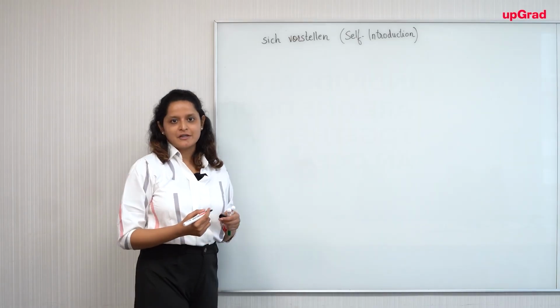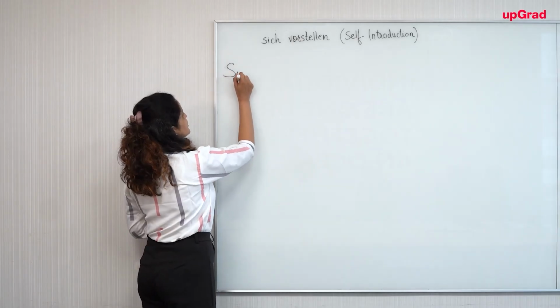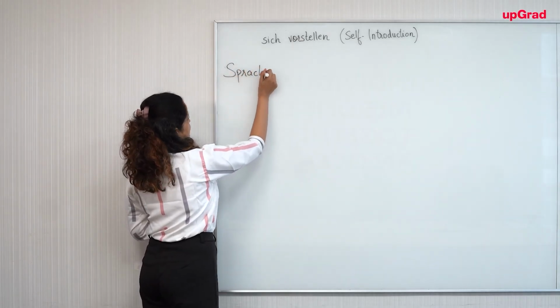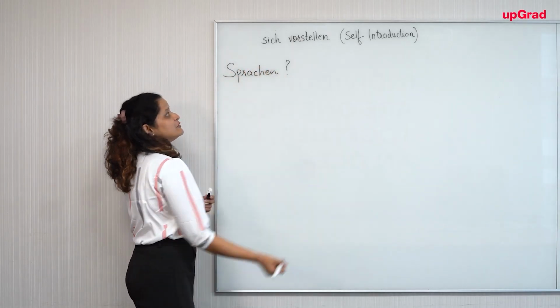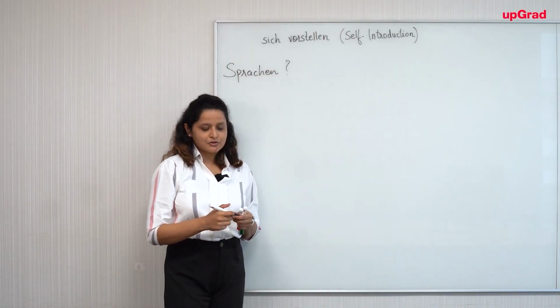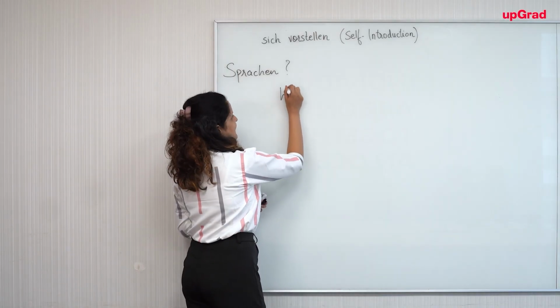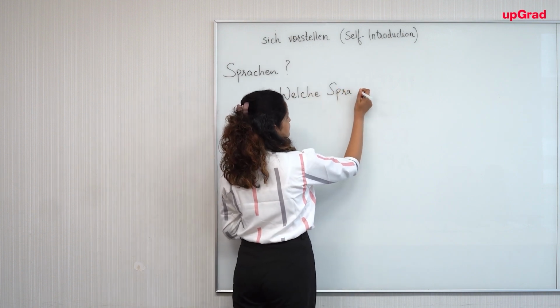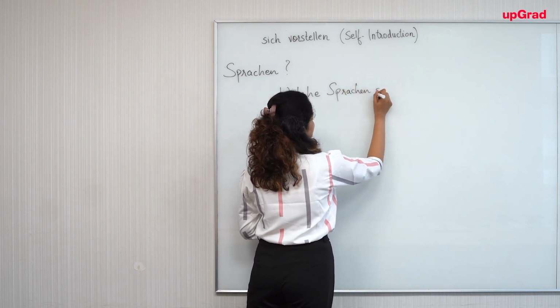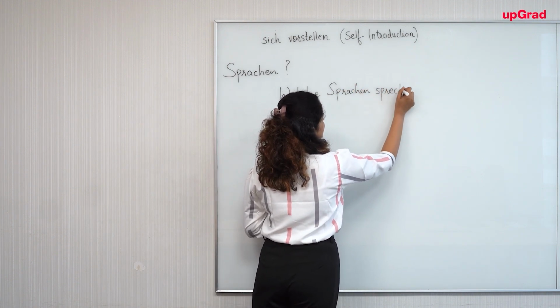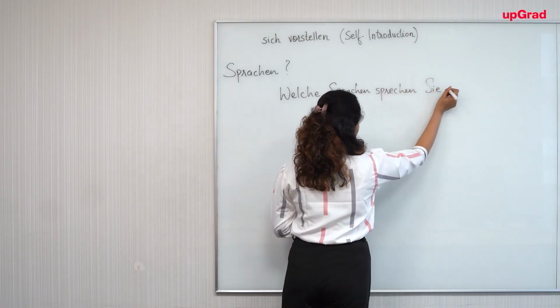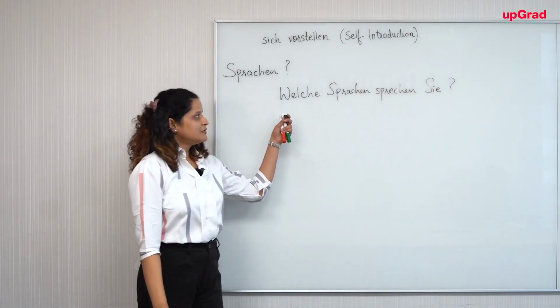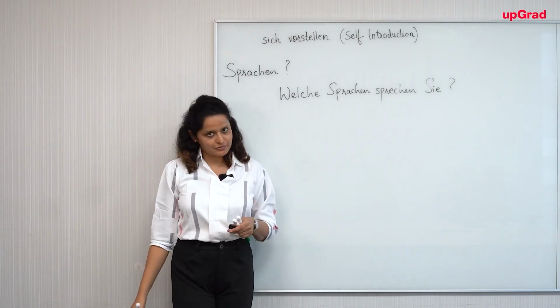Our next point of introduction is going to be Sprachen, which are the languages that you speak. So the question for that we have is welche Sprachen sprechen Sie? Okay, so what you're asking here is which languages do you speak?